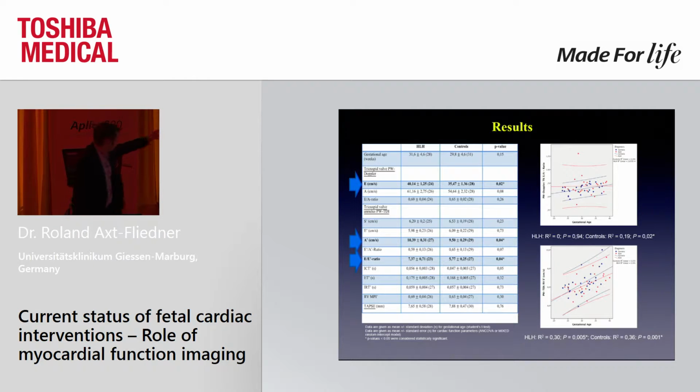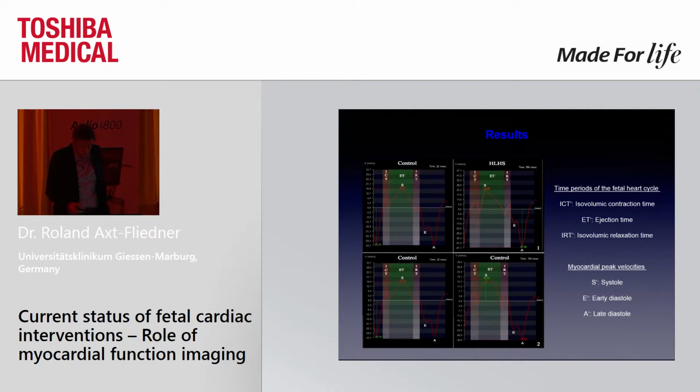You see here that the E to E prime ratio was higher in the hypoplastic left heart fetuses. This was overall the cohort, and we concluded that there would be an alteration of diastolic function of the right ventricle in hypoplastic left heart cases.